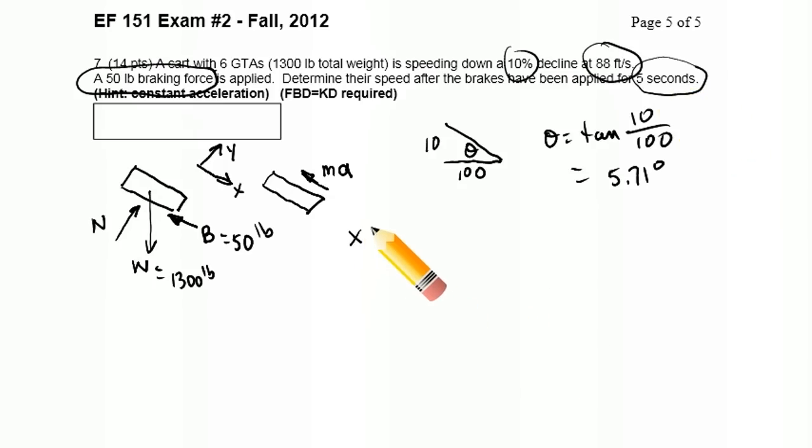Alright, so looking at the x direction, we've taken positive as down the hill, so we're going to have minus 50. Okay, be careful with our components. We've done this lots of times now. There's going to be a component of the weight going down and perpendicular to the incline, and a component of the weight going down the incline, and this is our theta.